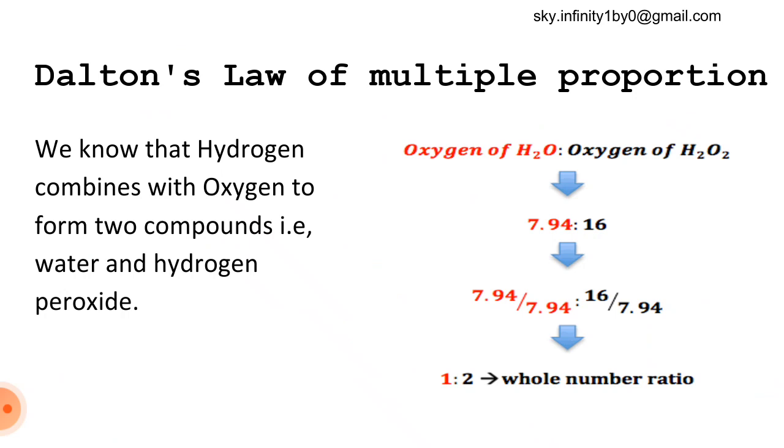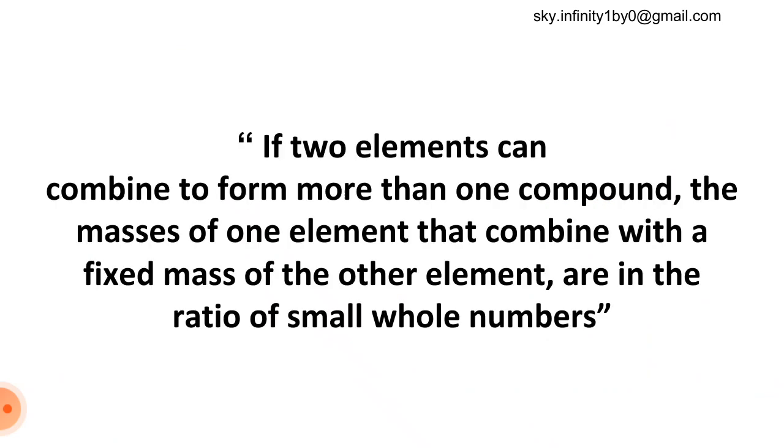It may not be only for water and hydrogen peroxide. You can take other compounds which have one common element, and you will find that the ratio is always a whole number. This is because it obeys Dalton's law of multiple proportion, which states that if two elements can combine to form more than one compound, the masses of one element that combine with a fixed mass of the other element are in the ratio of small whole numbers.